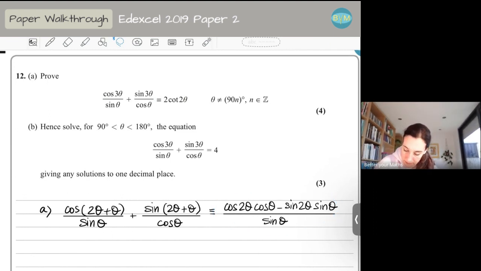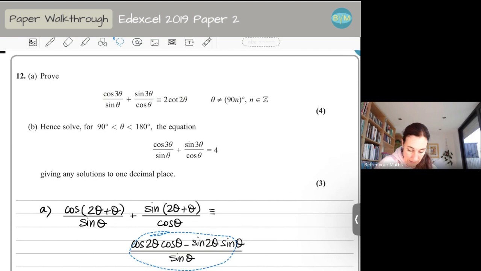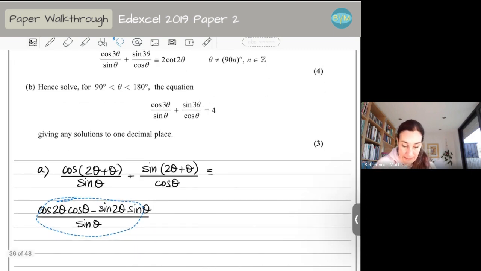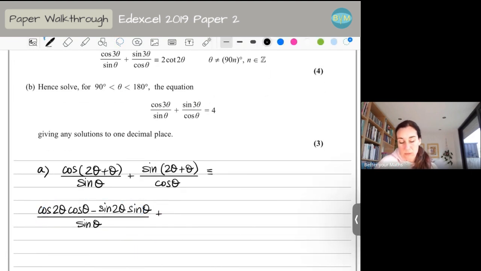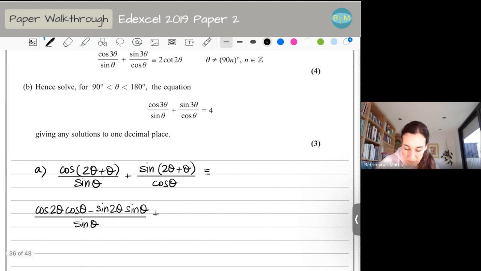This is the first part, and then the sine is 2 sine cos. Sine cos, sine, cos, sine, divided by cos.